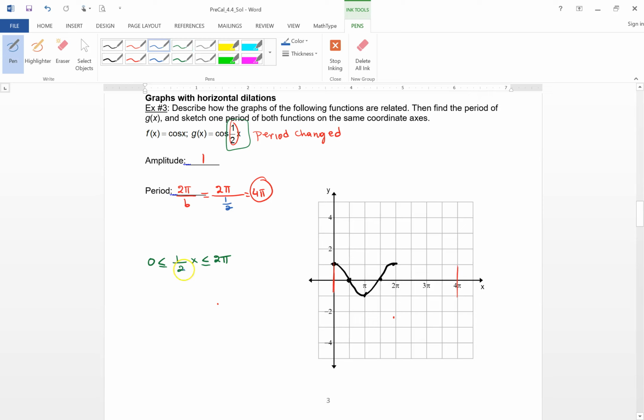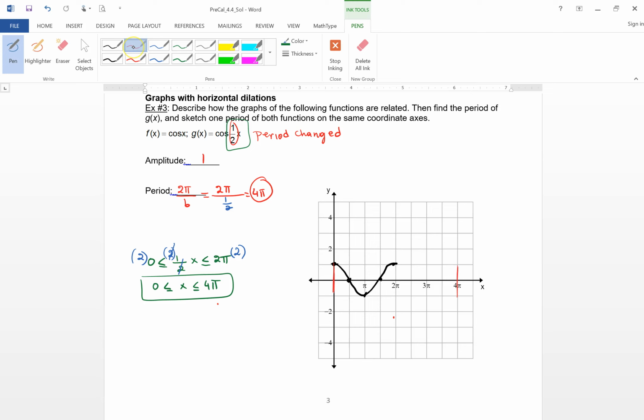Now I need to isolate the x, so I multiply by 2, I multiply by 2, I multiply by 2. This goes away. So what I have is 0, x, 4 pi. In this example, it's a basic example, so we already knew that it was going to go 0 to 4 pi, but afterwards this will come in so handy. So we're going from 0 to 4 pi.